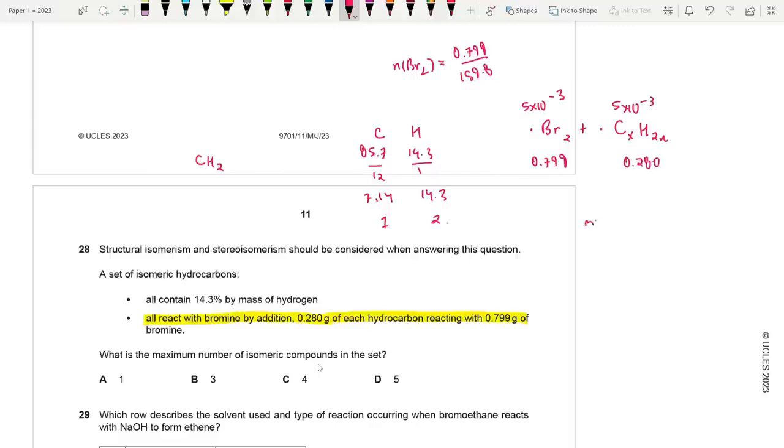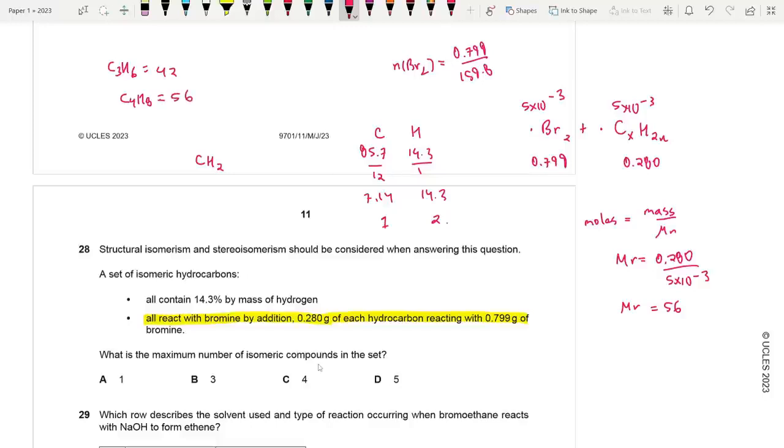Now moles is equal to mass by Mr. So the Mr will be mass by moles, which is 0.280 divided by 5 times 10 to the power minus 3, which is 56. So Mr is actually 56. So fine, we have the Mr of this compound. So let's try. If you do C3H6, what's the Mr? 3 times 12 plus 6, which is 42. So that's not right. C4H8, how much is it? 4 times 12 plus 8, which is 56. Okay, we have our answer.